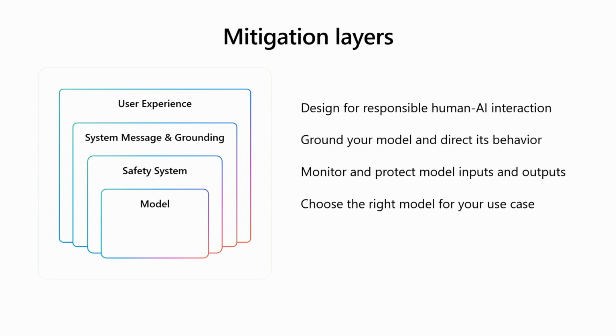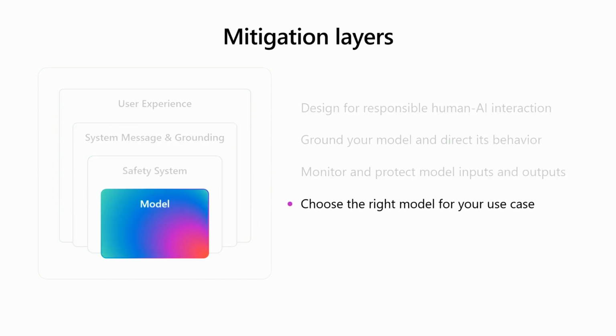Next step, mitigations. Now we're going into the safety layer. And not only the safety layer, but one way to think about this, and the framework that we use, is to think about mitigation in layers. It starts with the foundation model that you choose. Different models come with different types of safety already built into the core model, and choosing the right model is very important for your use case.